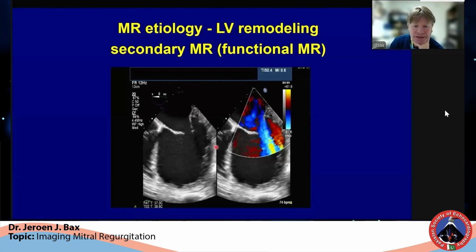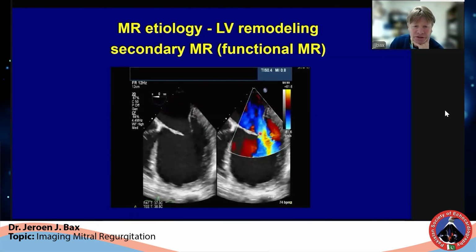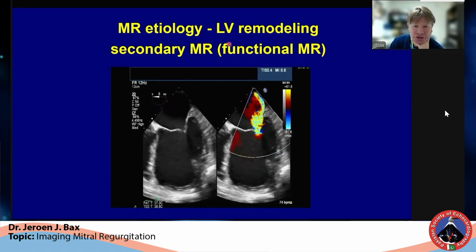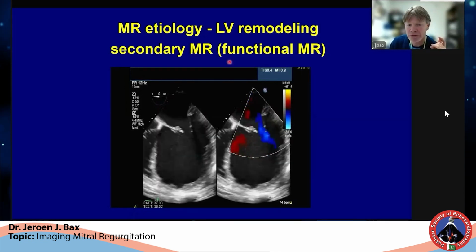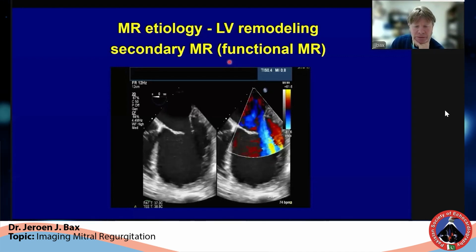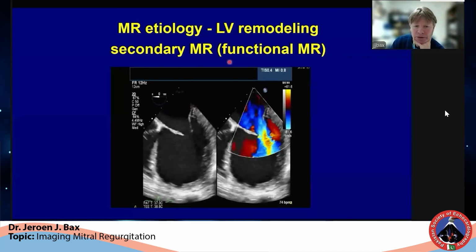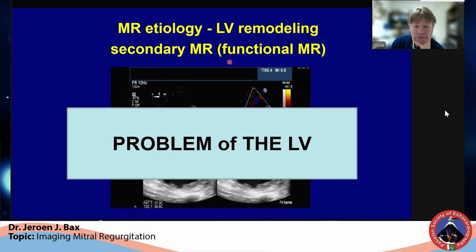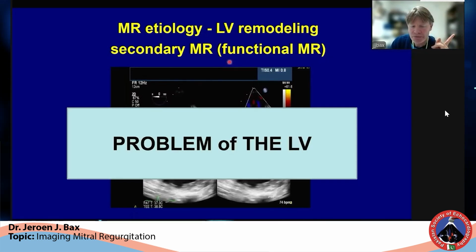And then you get, in general, a central mitral regurgitation. This is secondary MR. This is not a problem of the valve. This is a problem starting with ischemic or non-ischemic dilated cardiomyopathy. And then it becomes a problem of the valve. So it starts very differently than the other one, a problem of the ventricle.